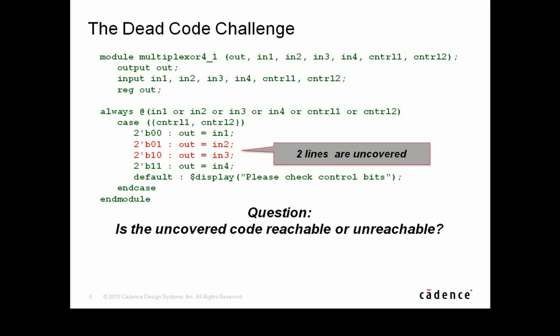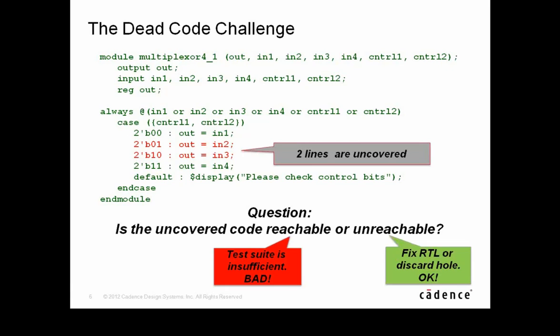A lot of this is manual effort, very time consuming, not very easy to do. So the big question is whether it is reachable or unreachable, whether all the effort that you are putting into trying to reach these 2 lines that are uncovered is actually useful, or it's just going down the drain.